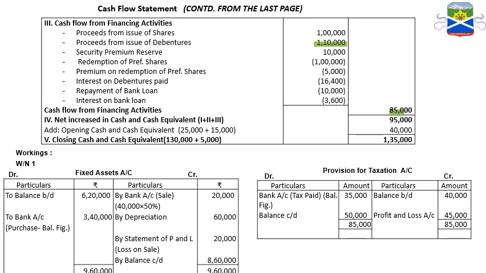So now we go for preparing the workings. As I said, you have to prepare the workings first. Over here I have put it in the last slide. You have to compare it and go on checking this one. So we have the opening balance of fixed assets given, and the closing balance of fixed assets given, this 8,60,000. Then your assets sold 50%, as it said the book value is 40,000, because depreciation is total 60,000, and 20,000 depreciation.